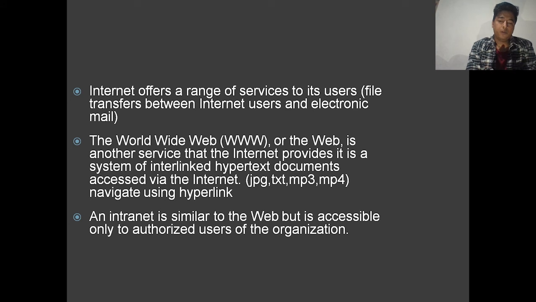So when we say the web, the World Wide Web, it is another service that the internet provides. See here, the World Wide Web itself is not the internet, but rather a service provided by the internet. So it is a system of interlinked hypertext documents accessed via the internet. So when we say hyperlink, that is HTTPS, right? If you're confused about where you've seen that, there's a URL bar. Whenever you open or try to search, you'll be seeing the HTTPS.